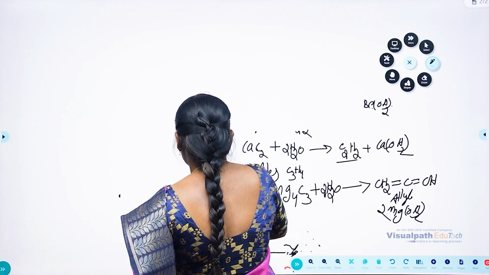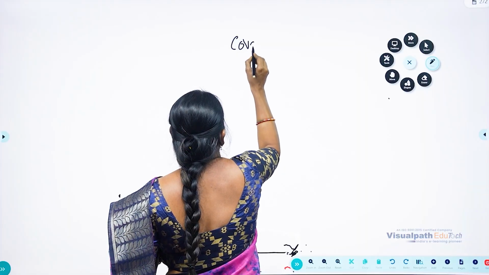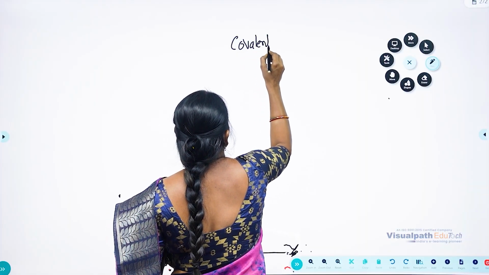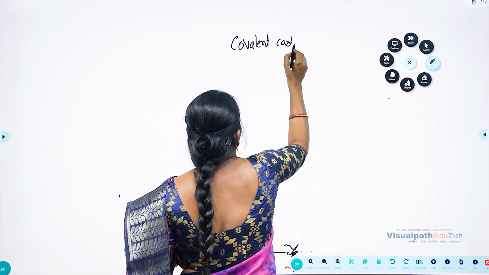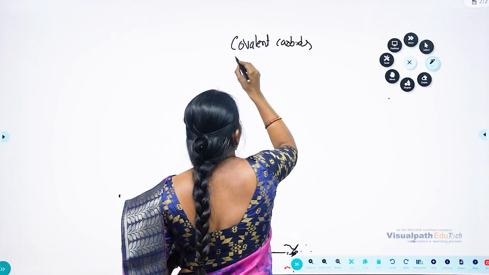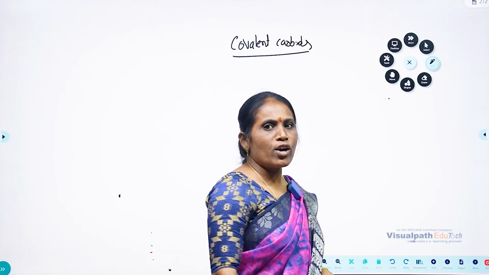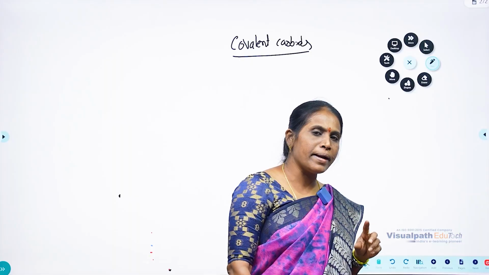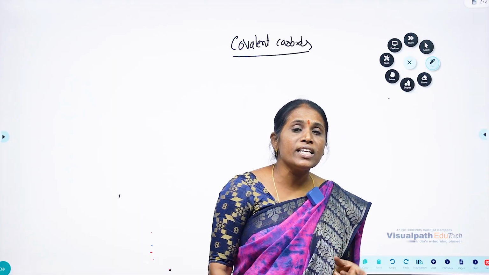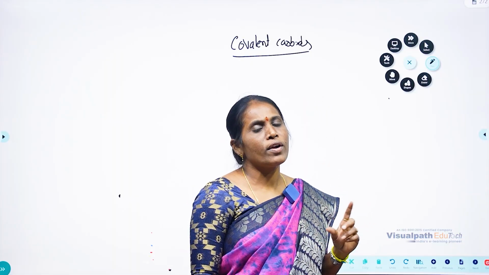Next we see the covalent carbides. Generally, these covalent carbides are formed between atoms with similar electronegativity.